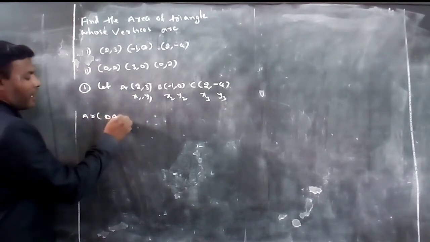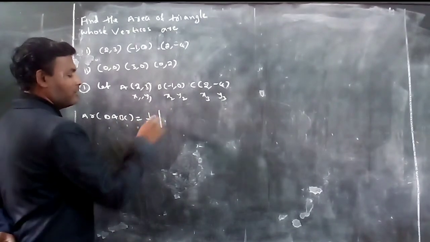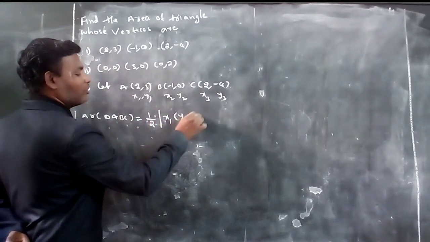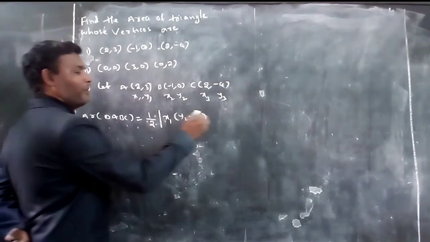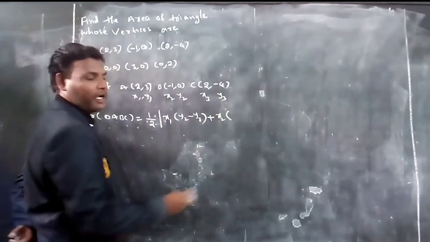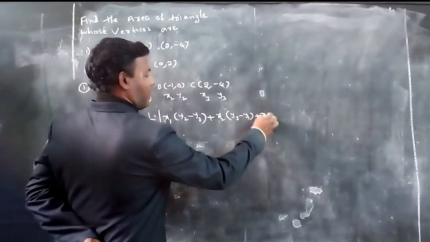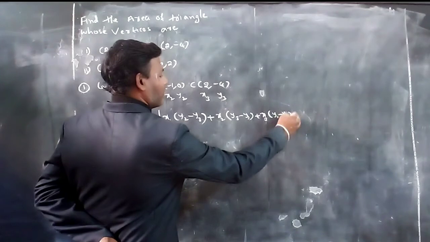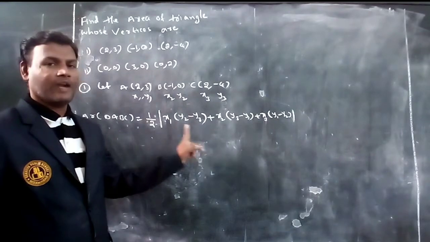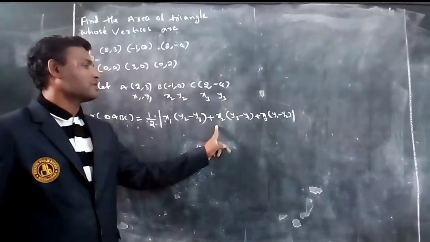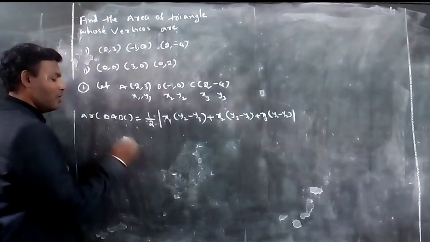Area of triangle ABC is equal to 1 by 2 mod x1 bracket y2 minus y3 plus x2 bracket y3 minus y1 plus x3 bracket y1 minus y2.